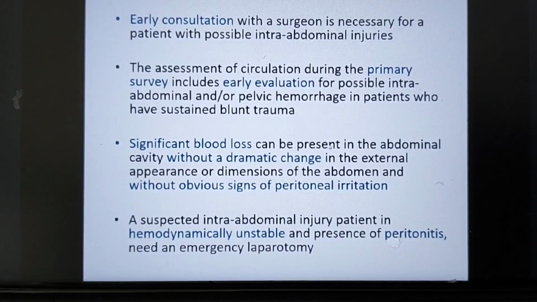Significant blood loss can be present in the abdominal cavity without a dramatic change in the external appearance and girth of the abdomen, and also without an obvious sign of peritoneal irritation. A suspected intra-abdominal injury patient who is hemodynamically unstable and has peritonitis needs an emergency laparotomy.